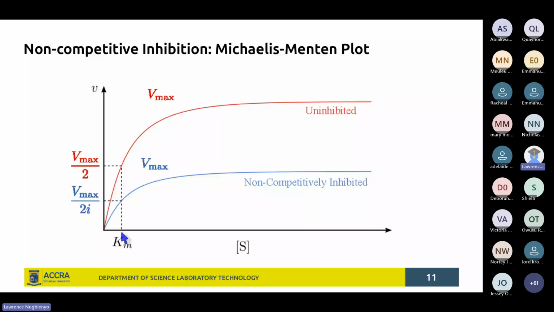So the Michaelis-Menten constant is not changed. Remember, the Michaelis-Menten constant is that concentration at which half of the maximum rate of reaction is reached.